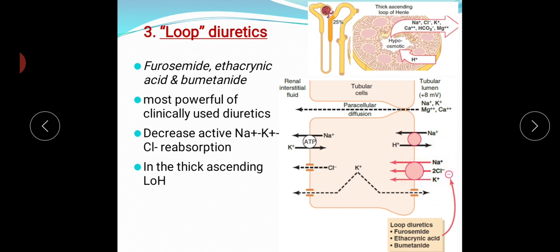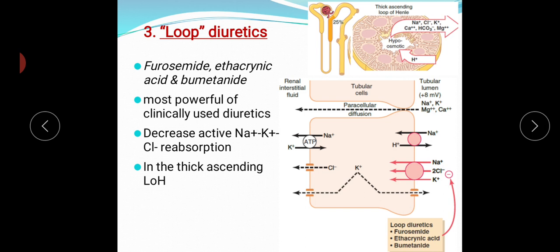Now, loop diuretics like furosemide, ethacrynic acid and bumetanide act at this pump. They inhibit this pump, preventing the reabsorption of sodium, chloride as well as potassium. The main function of the thick ascending limb is to reabsorb the maximum of the solutes and prevent the reabsorption of water, so it provides dilute fluid to the distal portion.